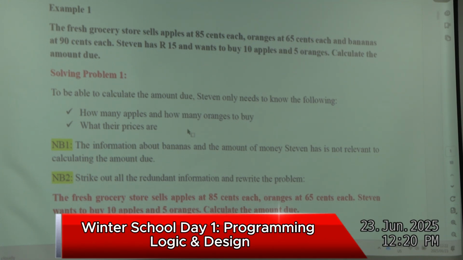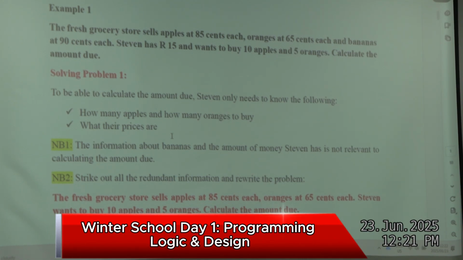Once you identify those key points, you have to reformulate your problem again, to put it in a way that you understand it yourself in order to solve it. Now, we went there as Steven wants only 10 apples and 5 oranges. So I just struck out bananas because I don't need bananas.